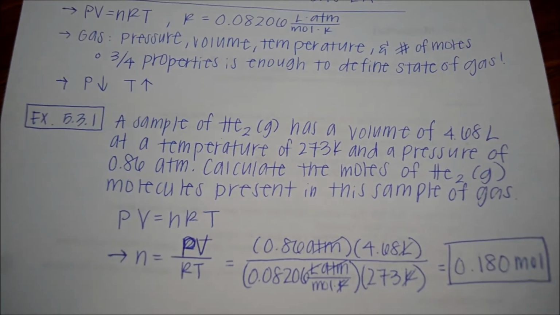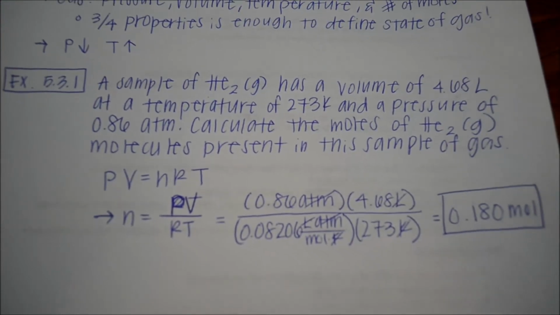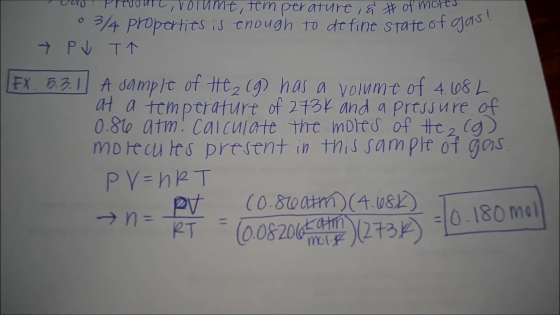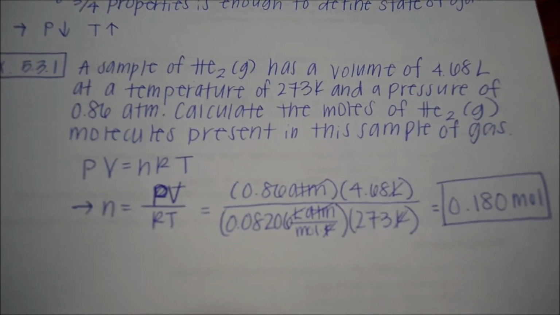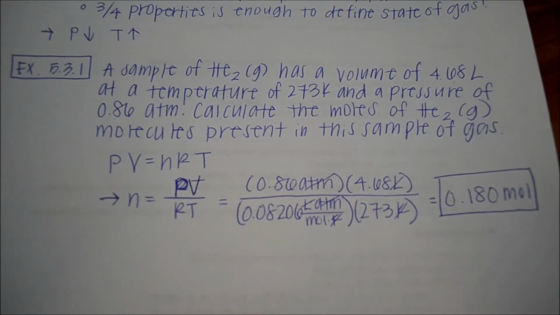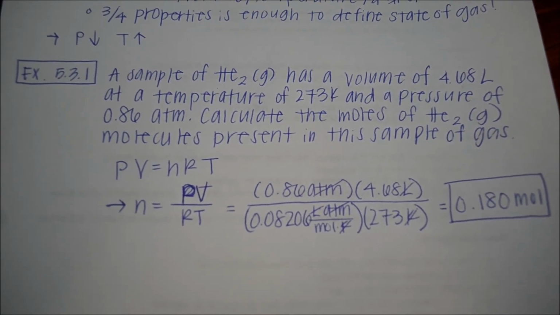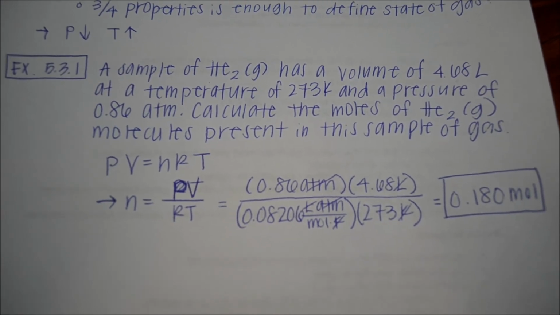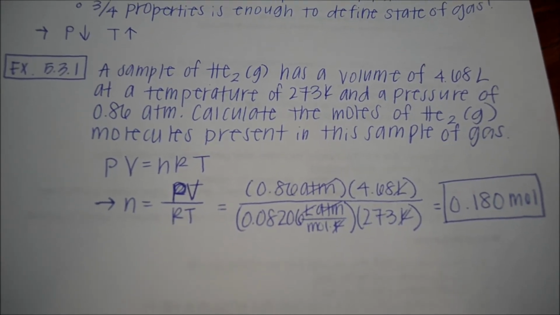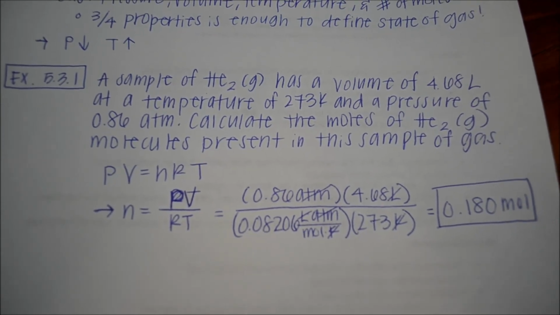So you set n equals PV over RT, and then you plug in the numbers. P equals 0.86 atm, V equals 4.68 liters, R is the constant 0.08206 liter atm per mole Kelvin, and T is 273 Kelvin. Then you plug it into the calculator and you get 0.180 moles.